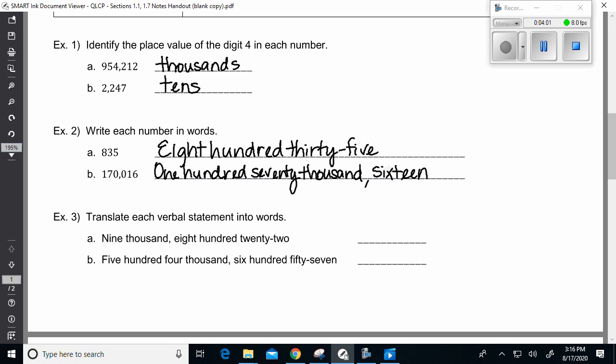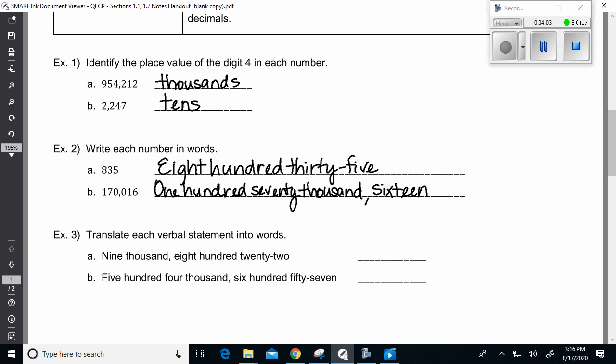Translating each verbal statement into words. Again, you read the number and write out the digits that go with that number. So 9,822. 9,822.